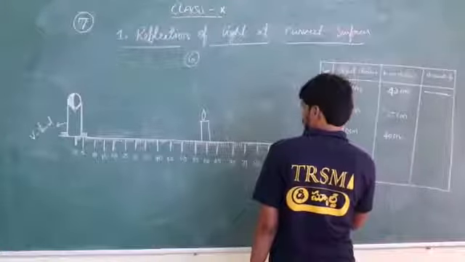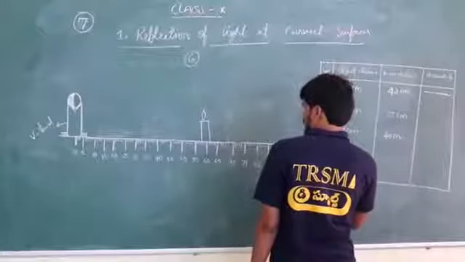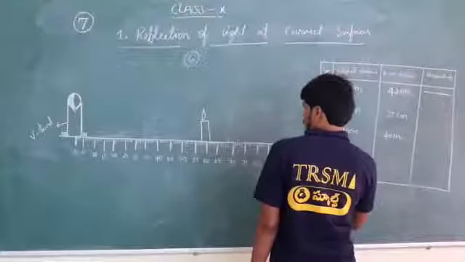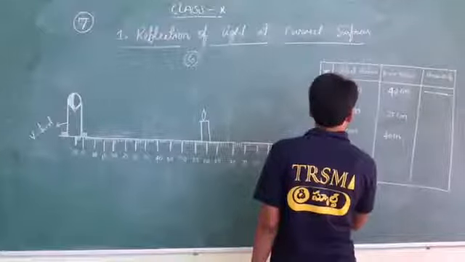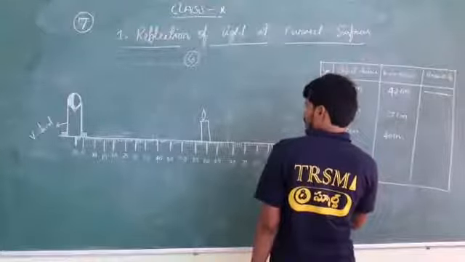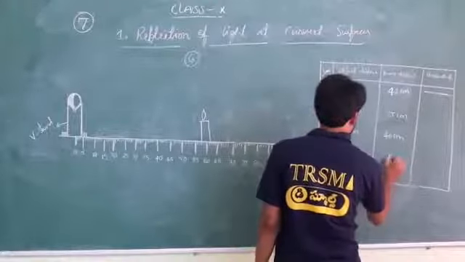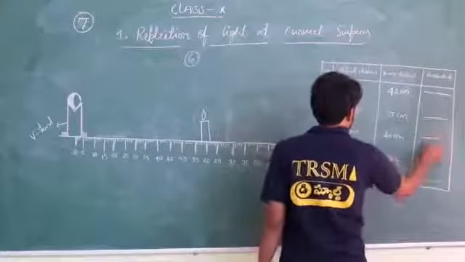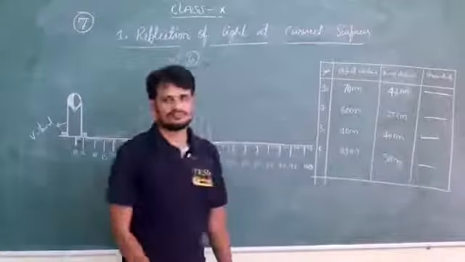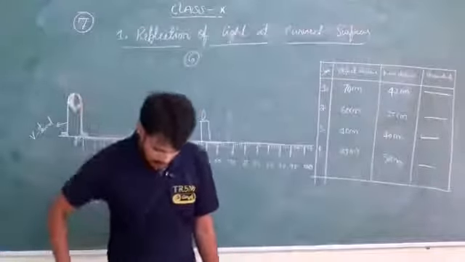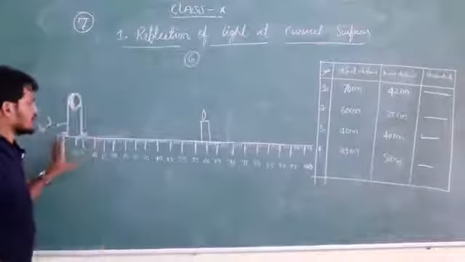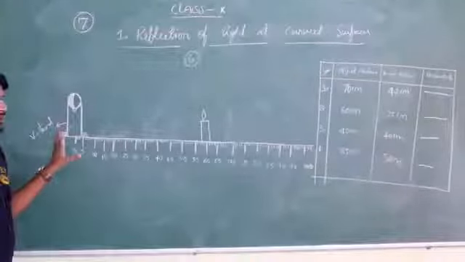And the fourth one, I am placing at 25 centimeters, image comes at 50 centimeters, and mention the characters like this. That's it. So you are doing the experiment by using a concave mirror.